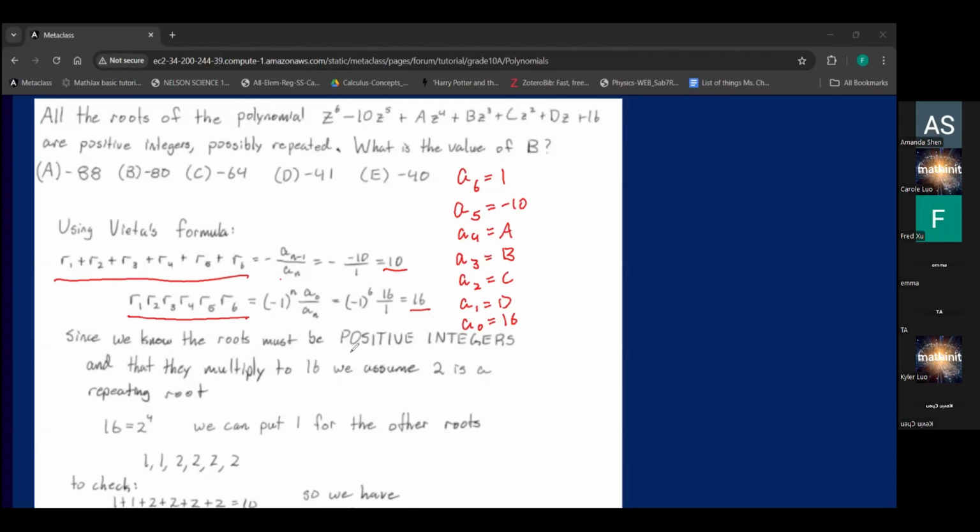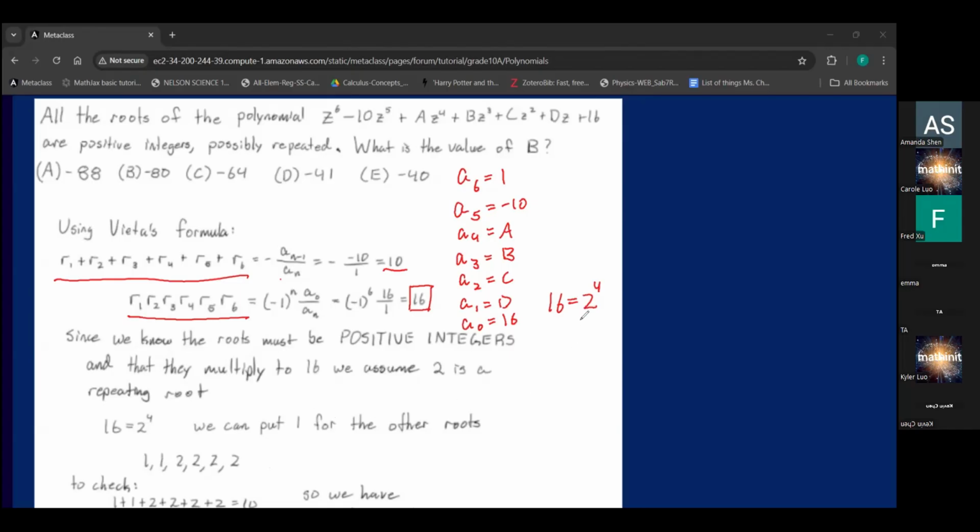Because we know that all of them are positive integers, and hopefully you can realize that 16 is equal to 2 to the power 4, 2 times 2 times 2 times 2 is equal to 16. This requires that thought process in order to get the answer.